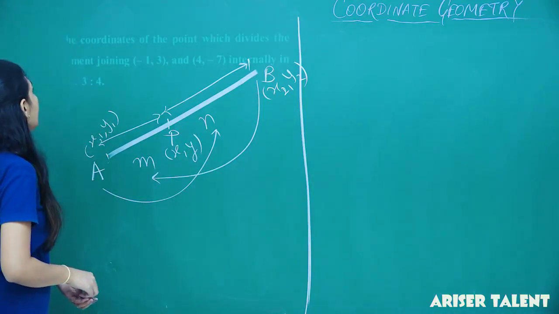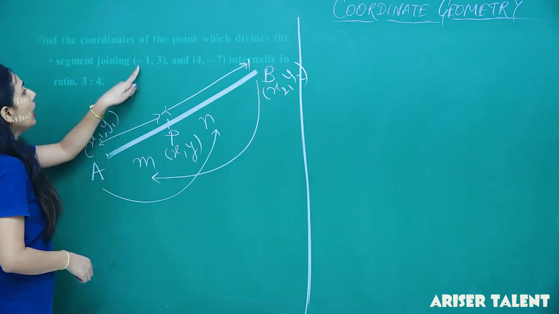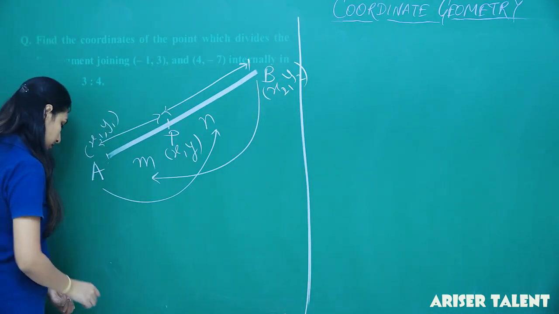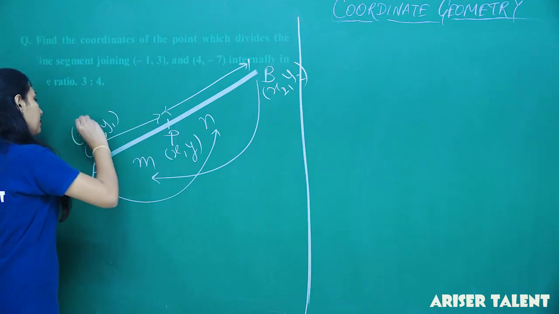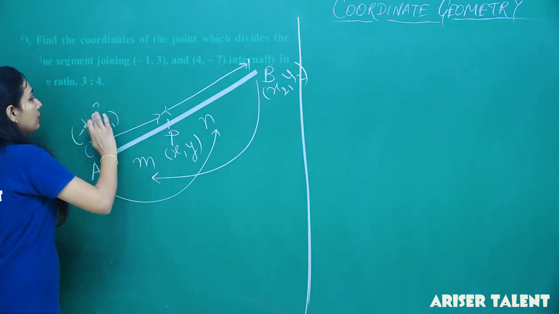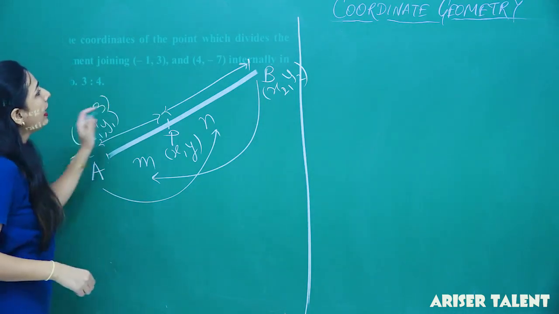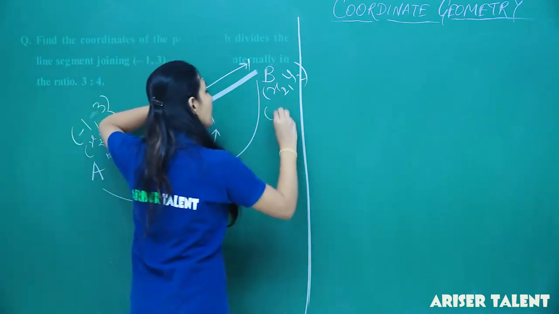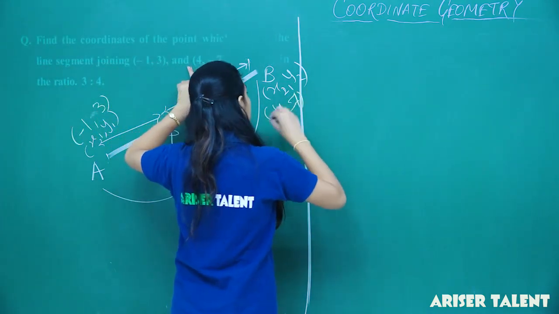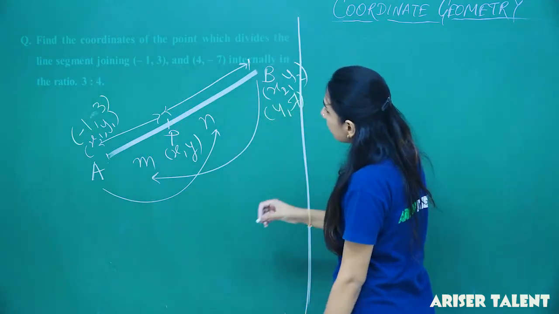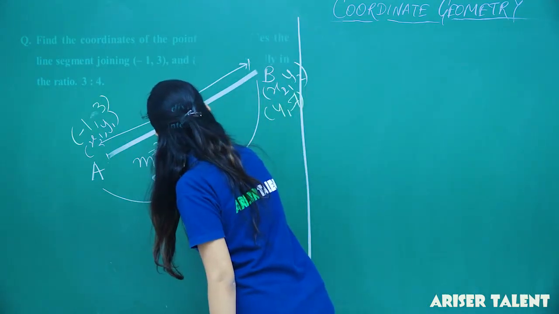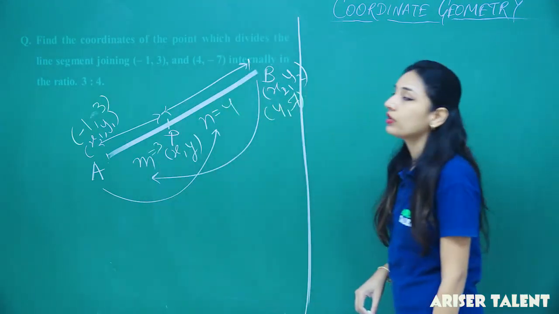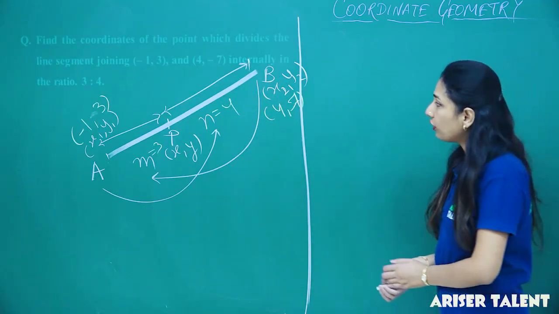Now, it's saying that we are having these two, -1 and 3 here, and this is 4, -7 here. And the ratios are 3, 4. Right. So, what will I have?